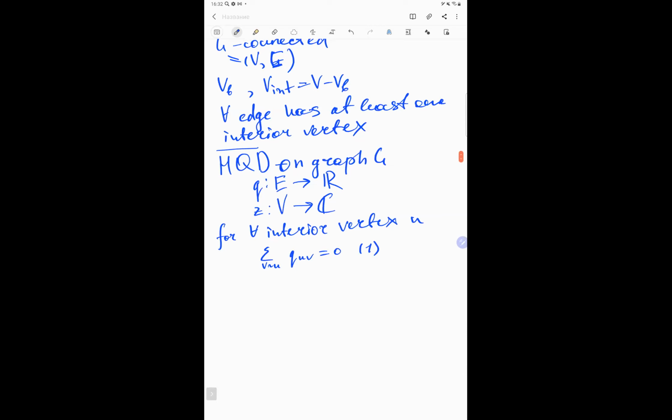This is the first one, and the second: the sum of Q over edges, divided by Z_u minus Z_v, is equal to 0.